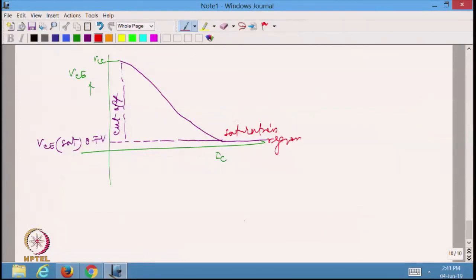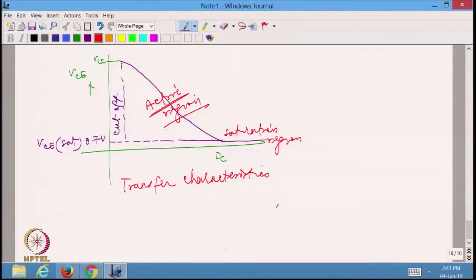Obviously, whatever is in the middle is the active region. Okay? This is generally known as the transfer characteristics of the transistor BJT, right. So, under this condition, we can very clearly say that the active region is hardly ever traversed by any of the power BJTs.